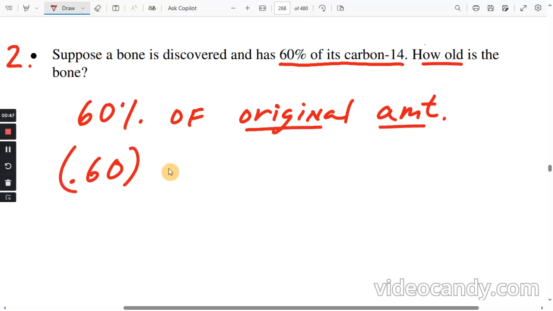Of course, the original amount is going to be n sub 0. So 60% of the original amount is 0.60 times n sub 0.